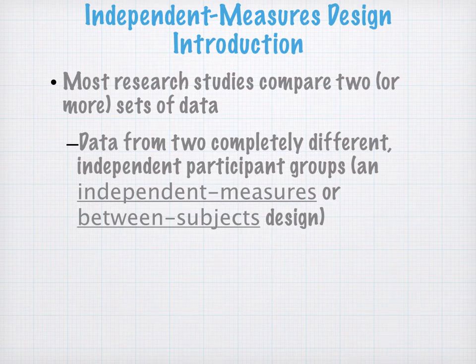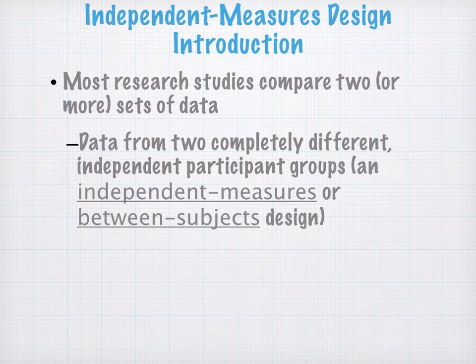What the independent measures or independent groups t-test is set up for is two completely different participant groups. So this is the between subjects or independent groups design. They have nothing in common. We're not even talking about matched groups here. These have to be completely separate groups where we have completely random assignment to both groups.